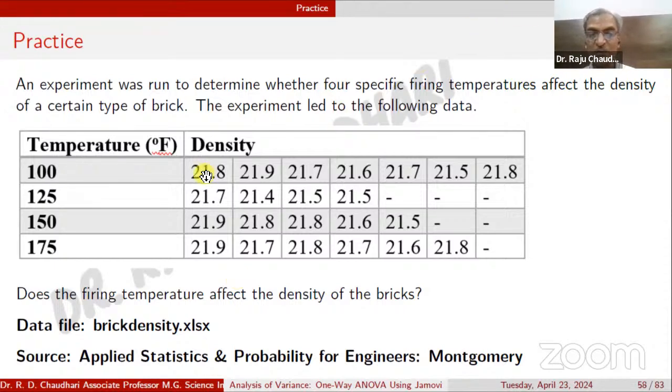For all these rows, 21.8 and so on, you can give the second column value as temperature 100, temperature 100, and so on. Or you can simply say 1, 2, 3, 4, and give label 1 for 100 degree Fahrenheit, 2 for 125 degree Fahrenheit, right? So it depends, but you have to enter the data in two columns. First column is density, second column is temperature.